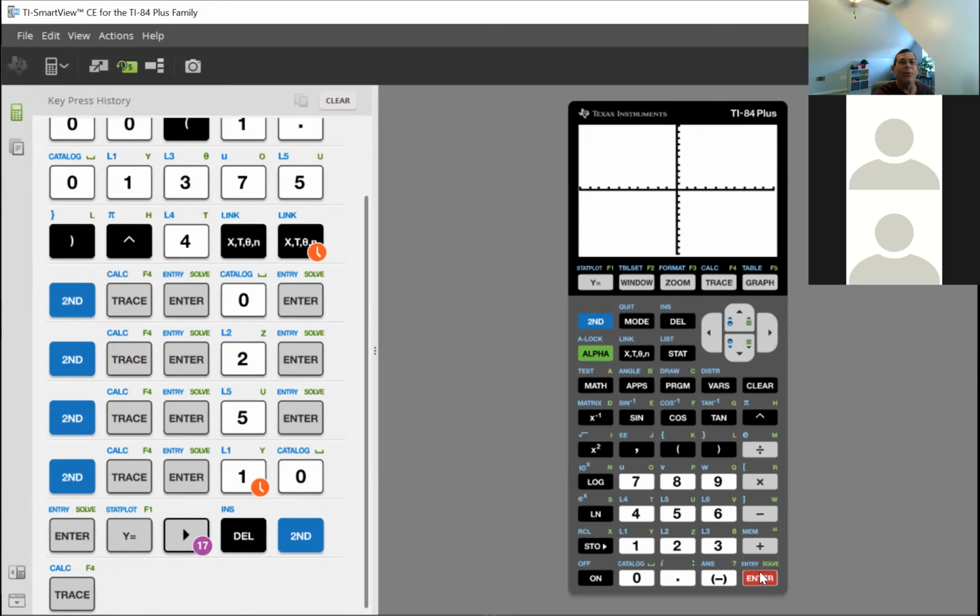So value is still going to be 57,000 after 0 years. Woo, that started going up a little fast, didn't it? So let me try this. So value for 2 years. There we go, 63,580.